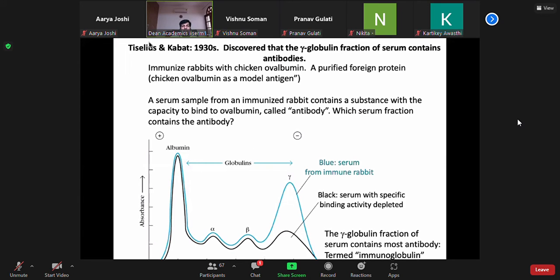Now we are going to talk about some historical data, where for the first time antibodies were described, and how they identified that these proteinaceous molecules that you have in serum can be induced following immunization or vaccination.